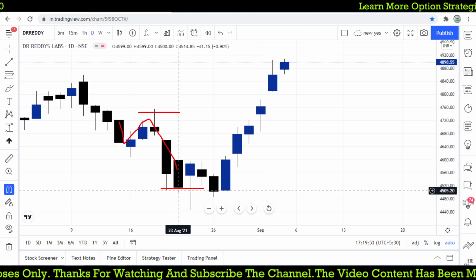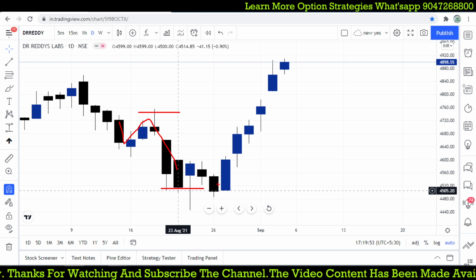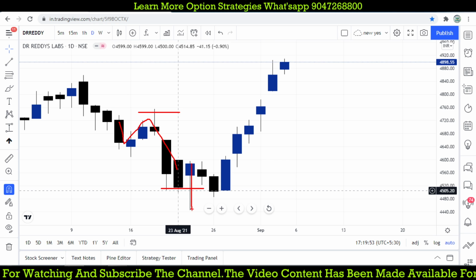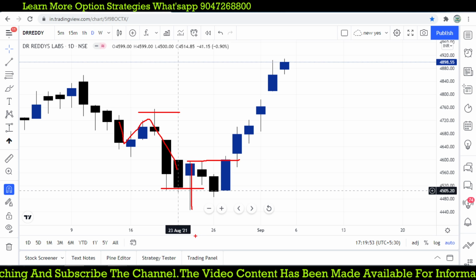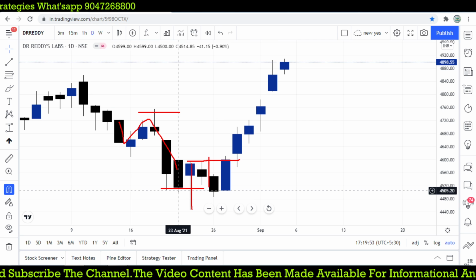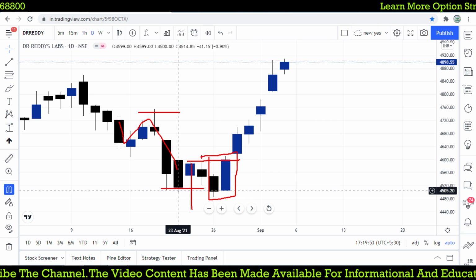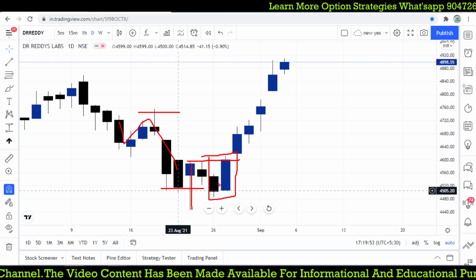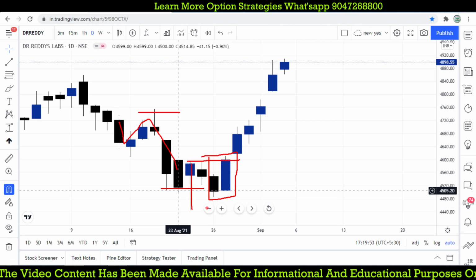But if I know my candlestick patterns, there is a hammer kind of candle where the breakout happened at that point, or this one is an inside-out candlestick, telling us there is a reversal again at the bottom.